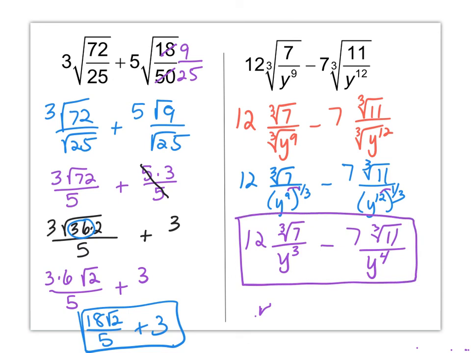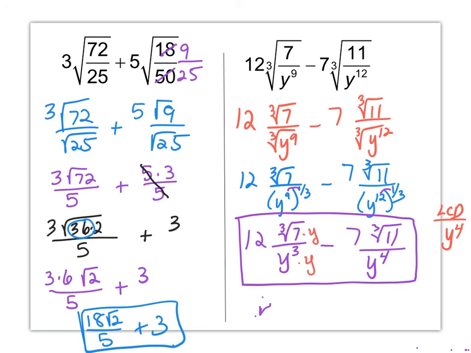It is also possible to combine this by getting the least common denominator. The least common denominator in this case is represented by the factors of all the given denominators, and that would be y to the fourth. So the first term is missing a y to the fourth. It has a y to the third. So to get a common denominator here, we could multiply the numerator and the denominator by y.